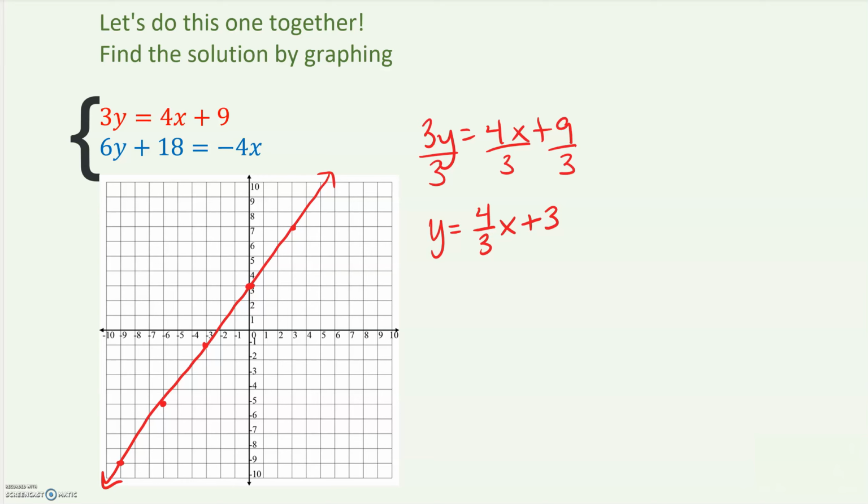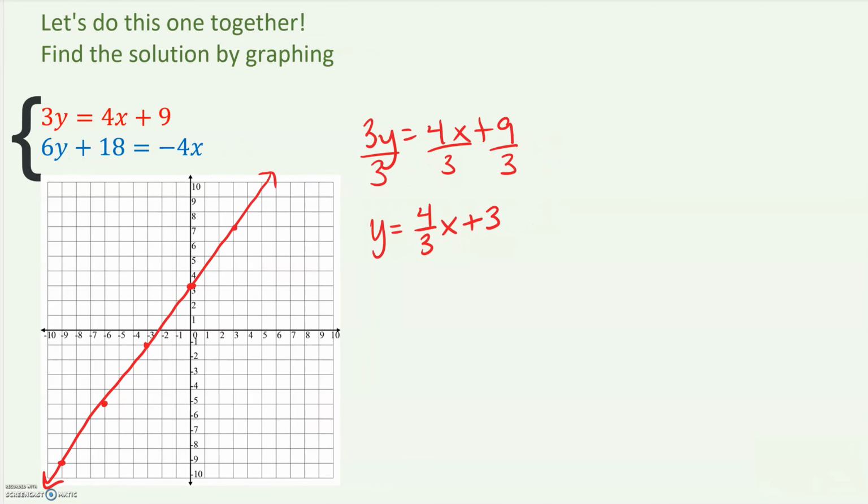So our second one, I'm going to scoot over just a smidge. So here we have 6y + 18 = -4x. This one is a little bit more work involved because the y isn't already on one side with nothing else being added or subtracted to it. But just like our solving equations, this 6y is my circle of don't touch.